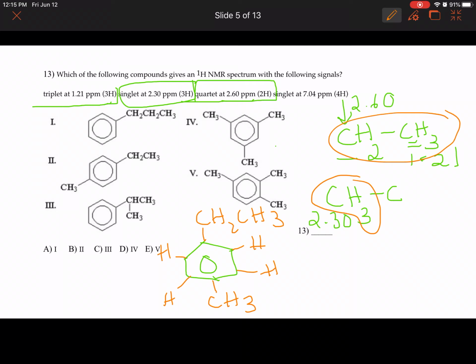We don't have that information. So number 3, we will have 6 hydrogen doublet and 1 hydrogen septet. That's not given either. And number 4, there are 3 methyl groups. Then we need to have a singlet, but we don't. A 9 hydrogen singlet is not given.